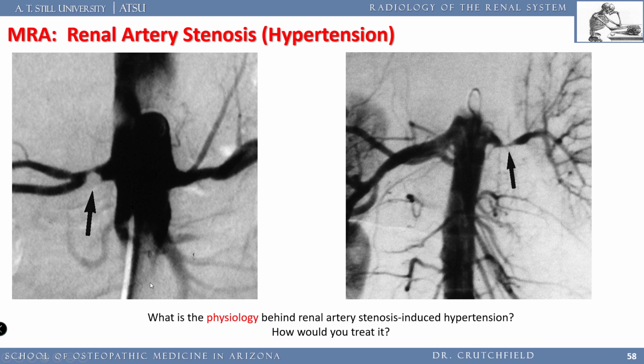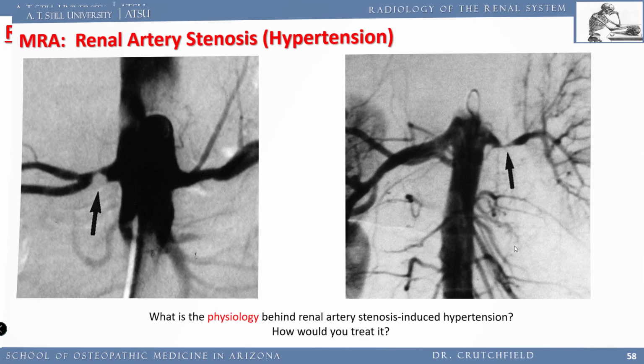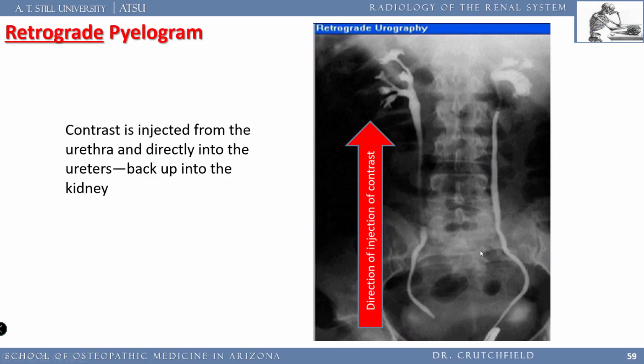What is the physiology behind renal artery stenosis hypertension, and how would you treat it? Well, the treatment is to go in and do an angioplasty or put a stent in to open that up so that we can give the blood flow back to the kidney.